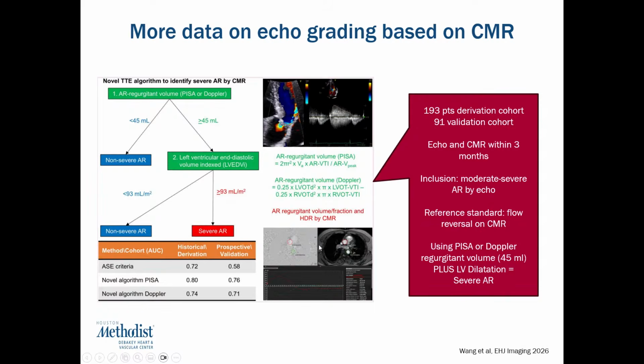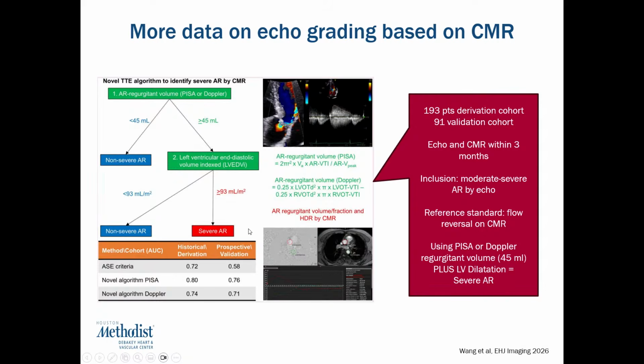They had a high feasibility of PISA, but they also did regurgitant volume by Doppler, just like I showed you earlier. And essentially, they found the exact same number for EDV, more than 93. So LV dilation plus PISA or Doppler quantitation of 45 can also take you all the way to severe AR without you having to do all the other parameters.